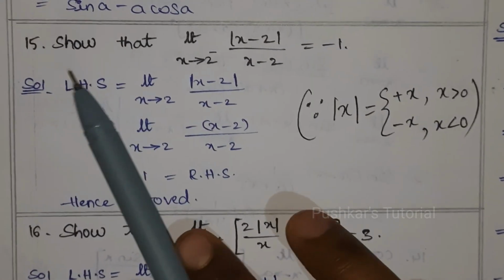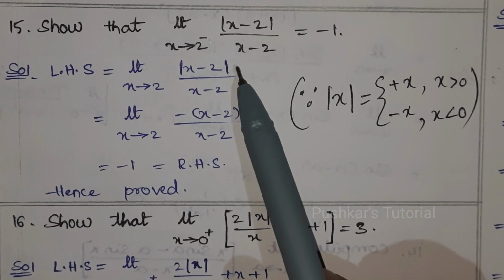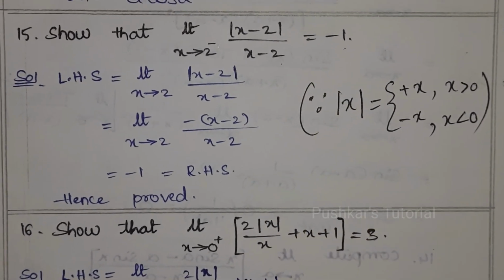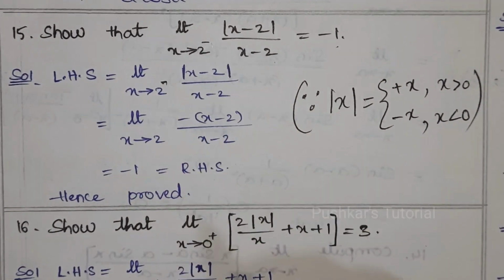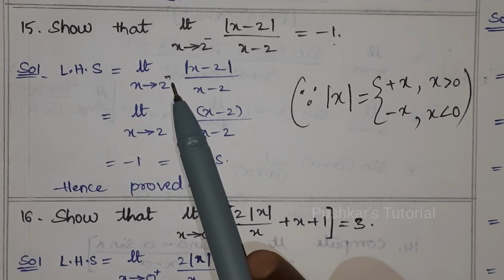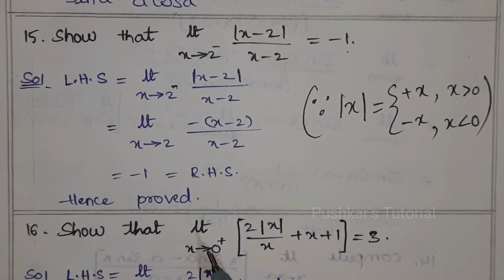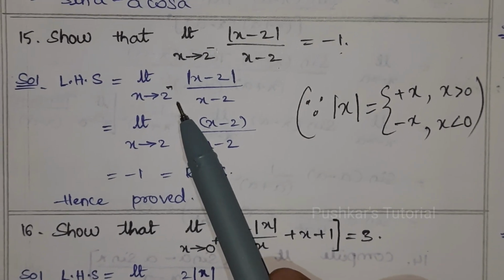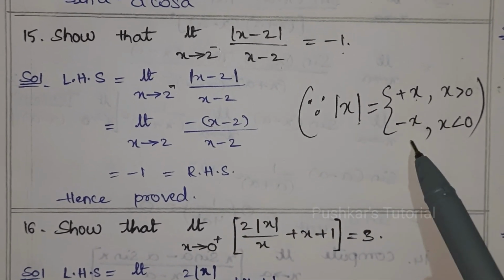Very important. Show that the limit as x tends to 2 minus of mod(x minus 2) by (x minus 2) is equal to minus 1. The 2 minus means it is not minus 2 number, the power is there, minus, that is the LHL, left hand limit. So the mod definition, what you know? Plus or minus x.